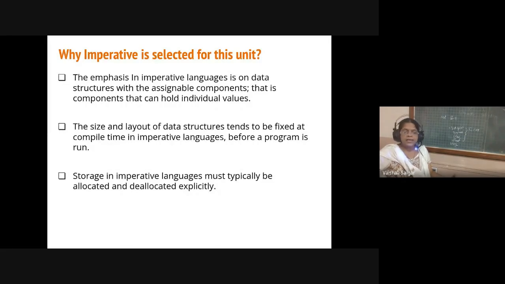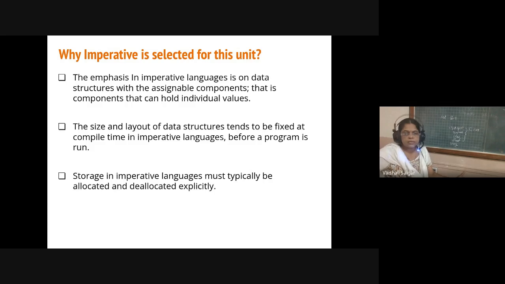When I'm saying compile time, it means that whenever I execute my program, the size and the layout for that particular data structure are fixed. It is not going to be changed. And the storage in imperative programming language must typically be allocated and deallocated explicitly.